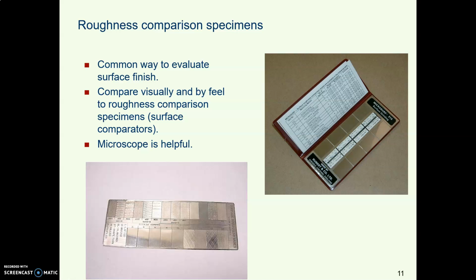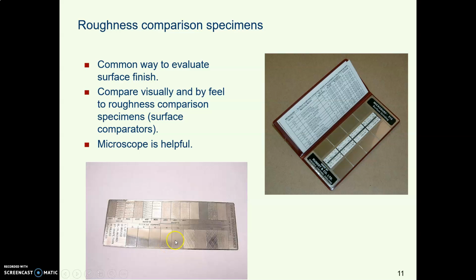Now you can buy these fairly inexpensive surface comparators, where the comparator shows you examples of what the various finishes look like. And you can look at them with your eye and think, oh, I see, the fine finish is shiny and the rough finish is rough looking.